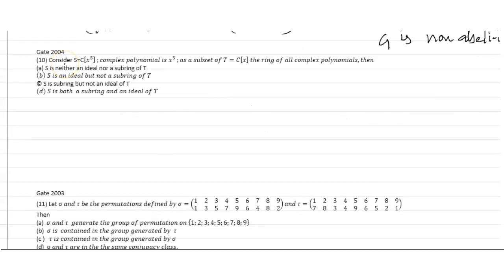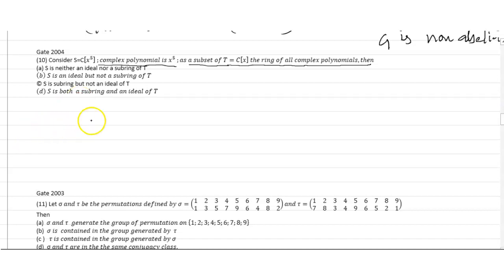So friends, consider S equal to C[x^5], the complex polynomials in x to the power 5, as a subset of T equal to C[x], the ring of complex polynomials. Then which is correct: S is neither an ideal nor a subring of T, or S is an ideal but not a subring of T? I have to judge which is correct.